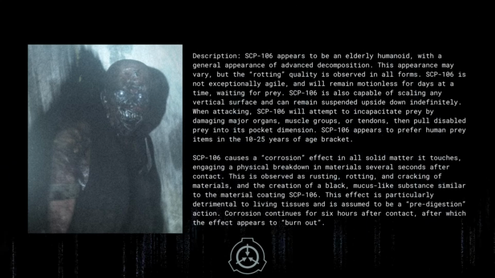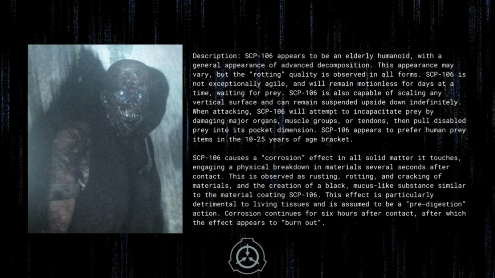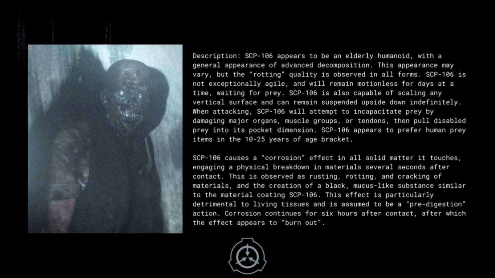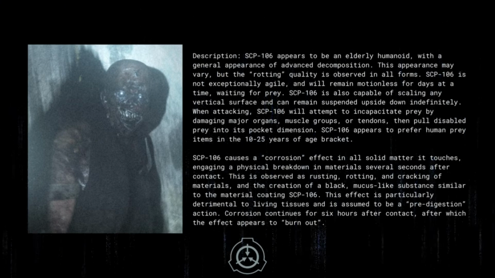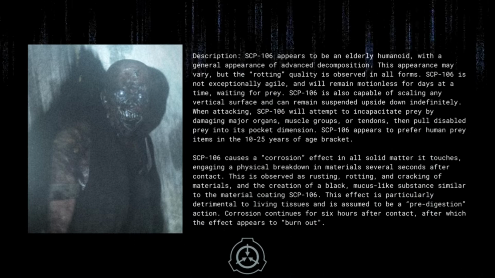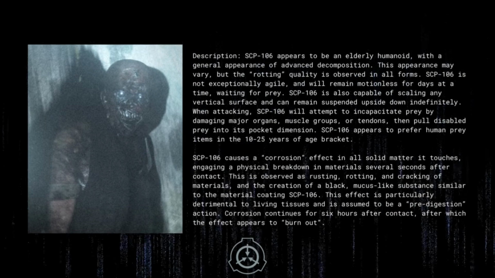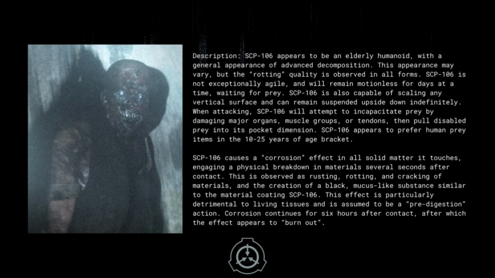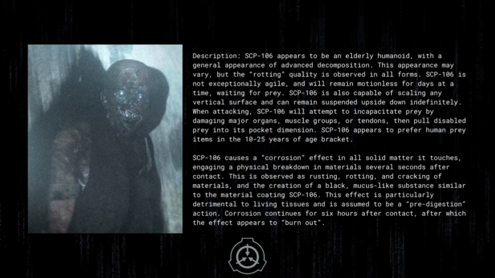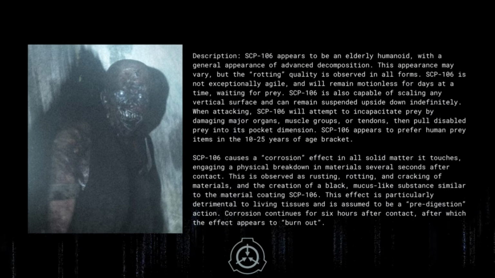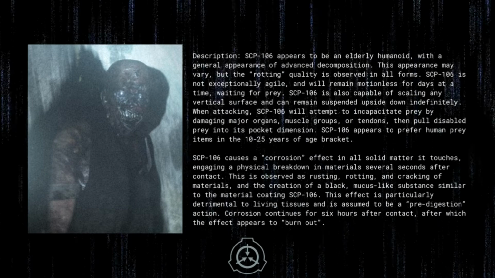SCP-106 causes a corrosion effect in all solid matter it touches, engaging a physical breakdown in materials several seconds after contact. This is observed as rusting, rotting, and cracking of materials, and the creation of black mucus-like substance, similar to the material coating SCP-106.